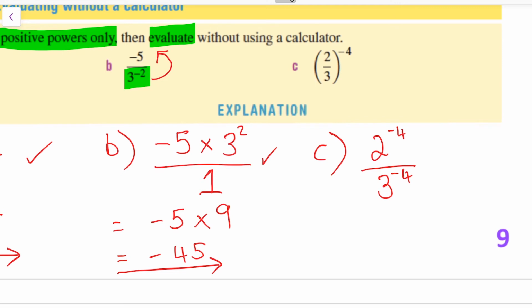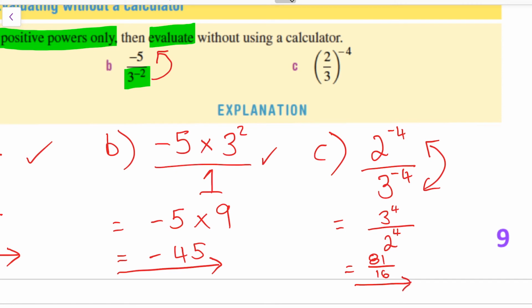Now we're going to apply this index law with negative indices. To get them to be both positive, they need to do the swap around. So it's 3 to the 4 at the top and now 2 to the 4 at the bottom. You evaluate each of those and you end up with 81 over 16.